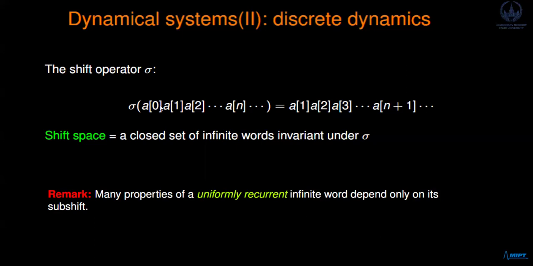Many properties of uniformly recurrent infinite words are determined solely by their subshift, which is the collection of their subwords. This ties back to how we can analyze complex sequences through their shifts and subwords. Okay, very good.